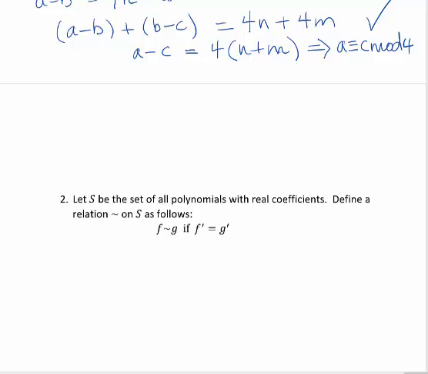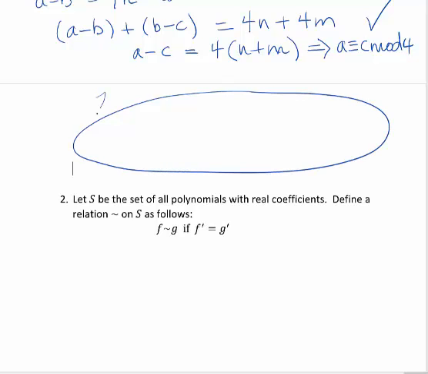Watch how this congruence relation partitions the set of integers into equivalence classes. I'm going to draw an oval here that represents all of the integers. We have a whole bunch of them that are related to 0, so let's use the notation square brackets 0 to represent all of the integers that are equivalent to 0.